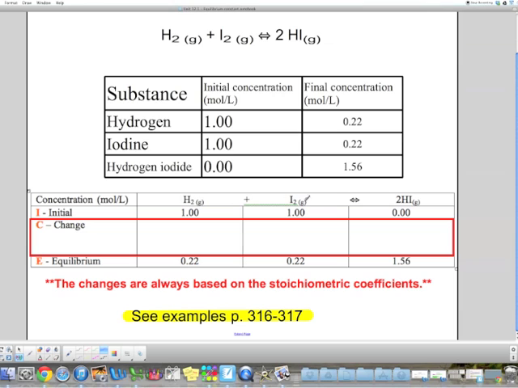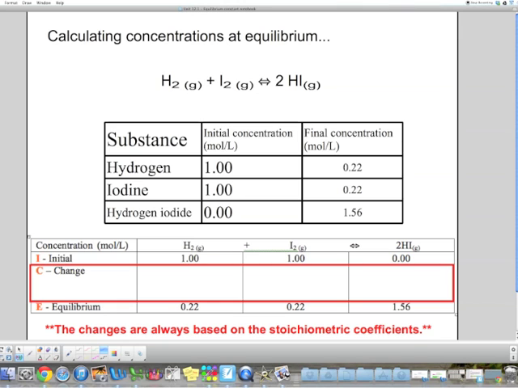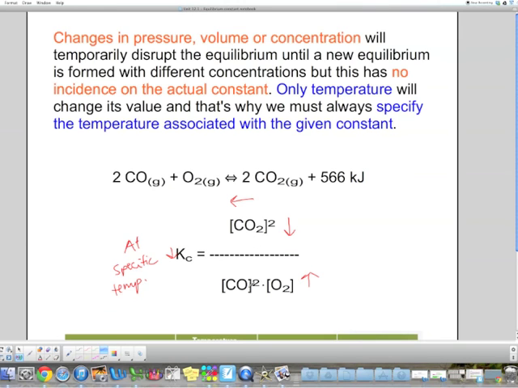So you have the reaction on top, you have the line for the initial concentrations, you have a line for the actual changes, how much reacted for the reactants or how much was produced for the products, and therefore at equilibrium, once nothing changes anymore because the two reactions are canceling out, what are the concentrations present? And these are the concentrations that ultimately you would plug into your law, like this one.